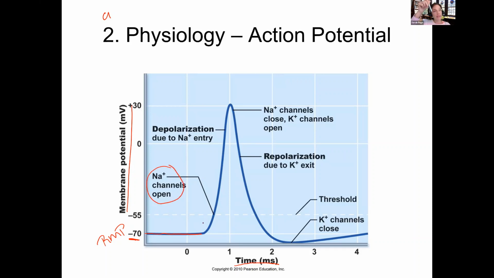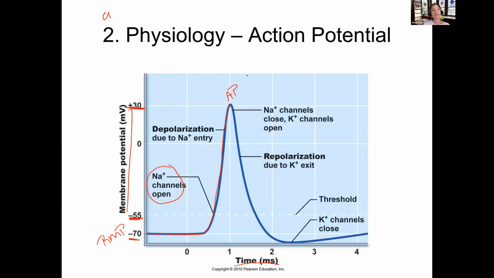And when sodium's coming in, the inside of that membrane's now coming up. It's becoming more positive. If it's positive enough to hit threshold, there's a number for threshold, tons of sodium channels open, and you can see that membrane potential goes super high, up to +30. That's our action potential. That's our number for an action potential. You're going to get a contraction if you have an action potential.